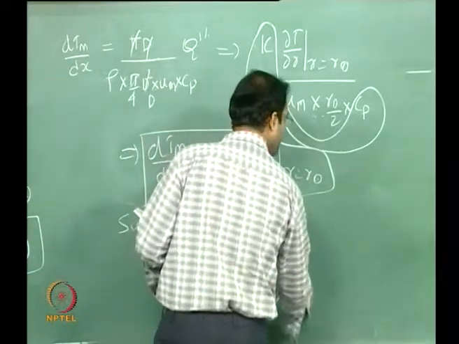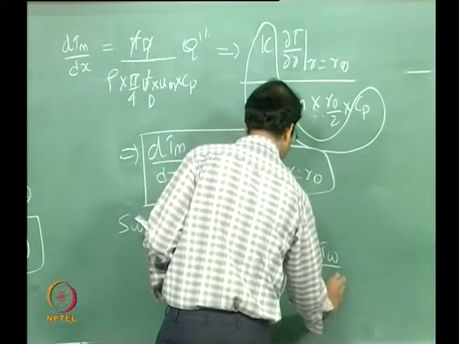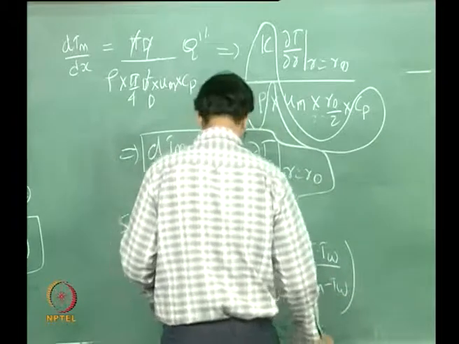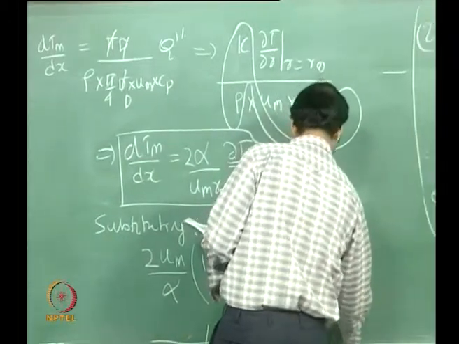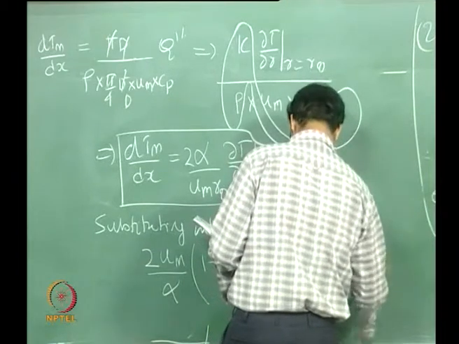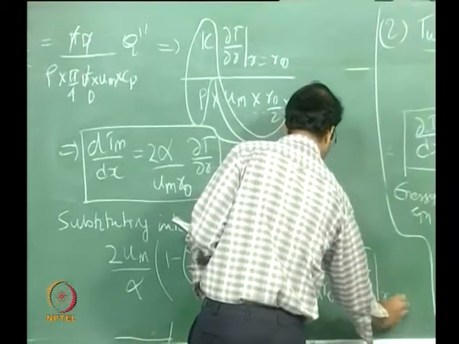Now this is T minus T wall by Tm minus T wall, and dTm by dx will be 2 alpha by um r naught into dt by dr at r equal to r naught.